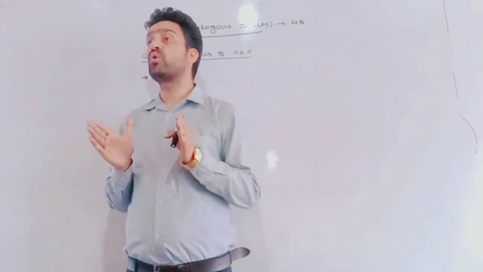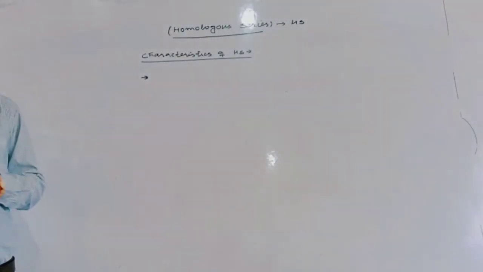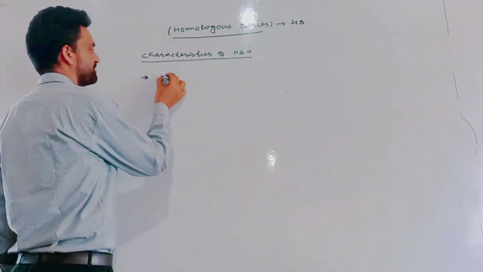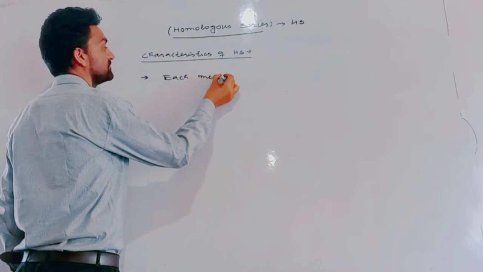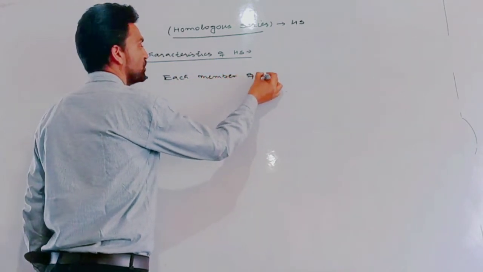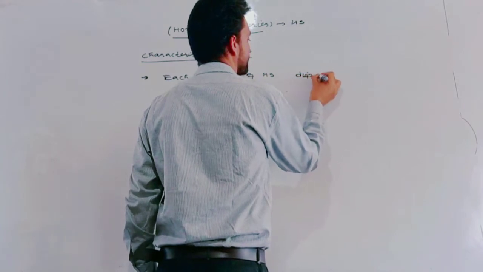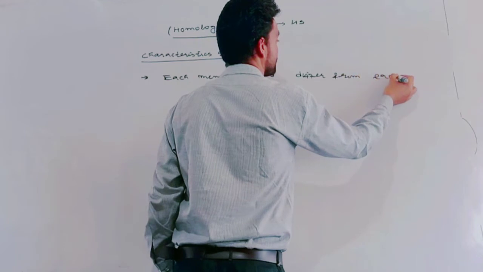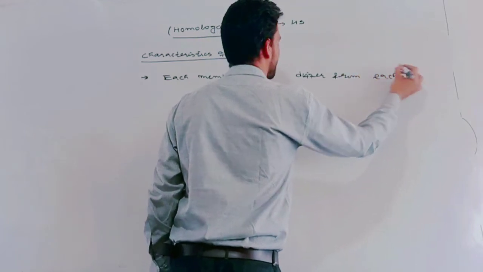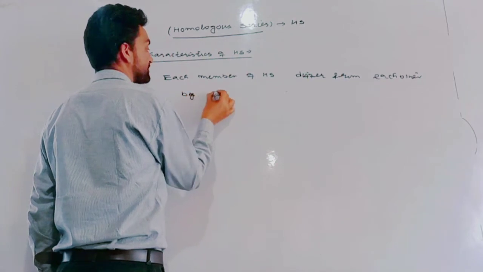Each member of homologous series differs by one CH2 group. Let me explain this point. Each member of homologous series differs from each other by one CH2 group.